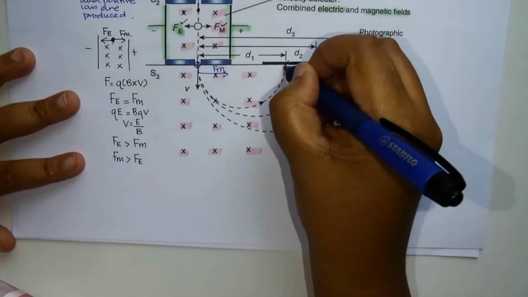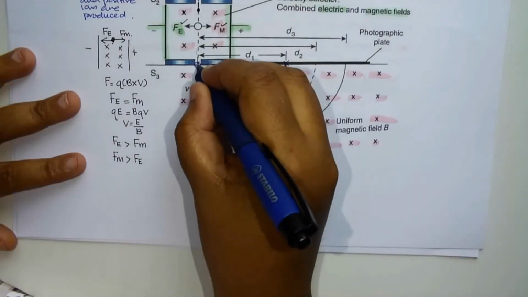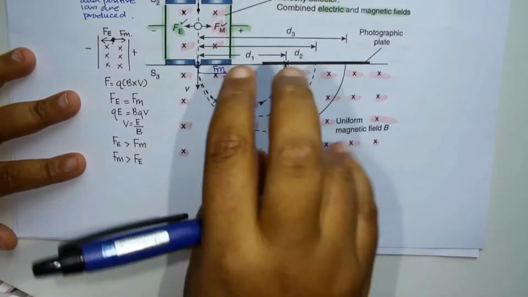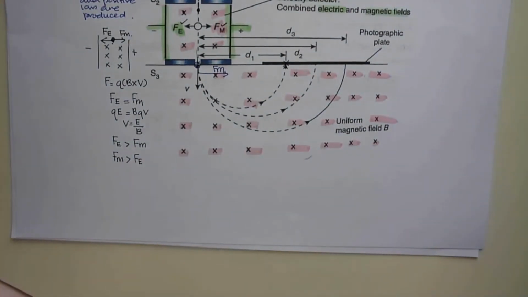Okay, from the place where it leaves a mark and hits the photographic plate, from here to here is the diameter. So from here to here is the radius of the semicircular path.